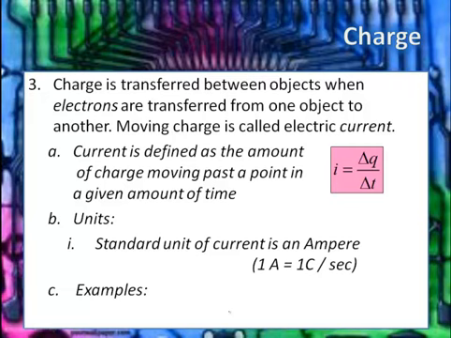When charge moves from somewhere to somewhere else, that moving of charge is called current. Current uses the symbol I, usually a lowercase i, and that's just defined as the amount of charge that moves past a location in a given amount of time. So change in charge divided by change in time.